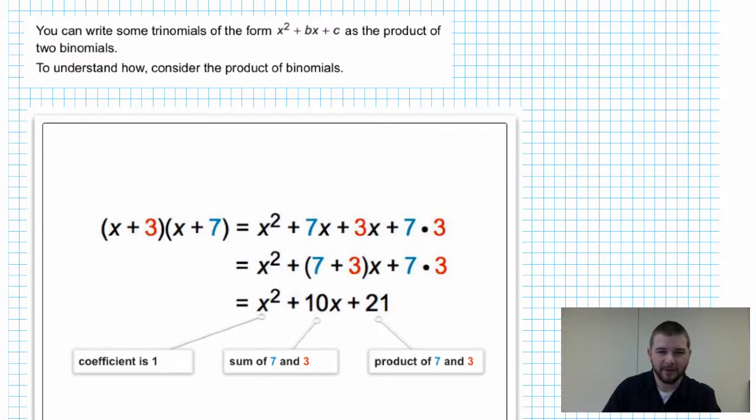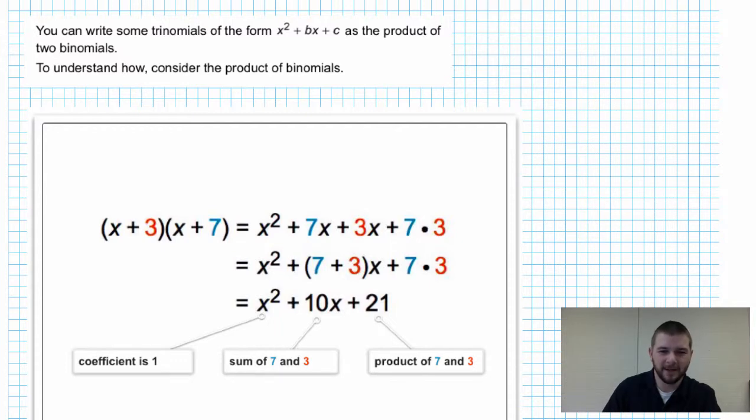As we multiply our first, outer, inner, and last terms, and arrive at the final polynomial x squared plus 10x plus 21, note that 10 is the sum of our constants, 3 and 7. And 21 is the product of our constants, 3 and 7.